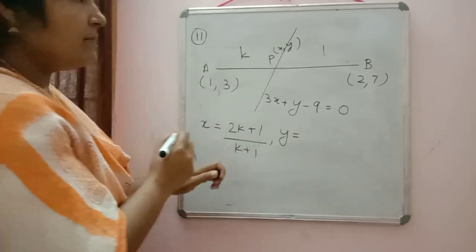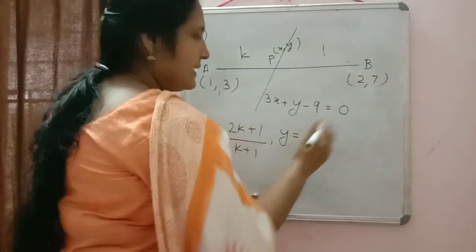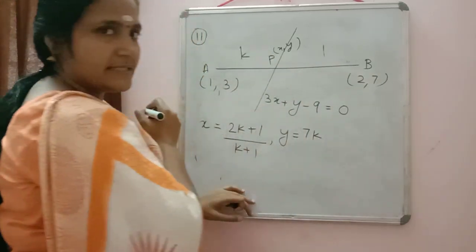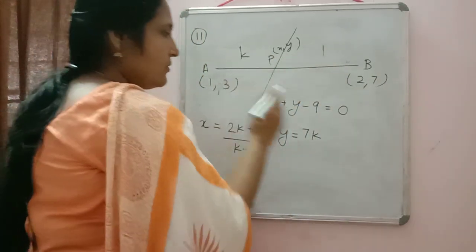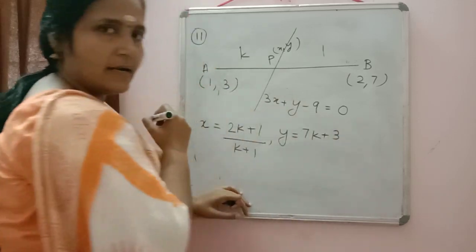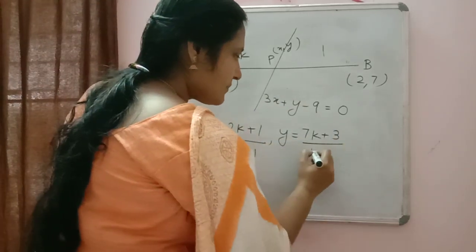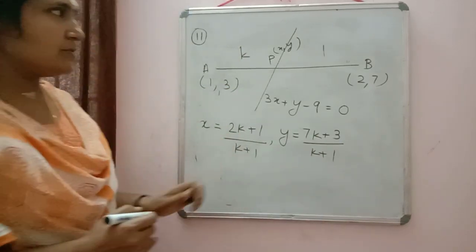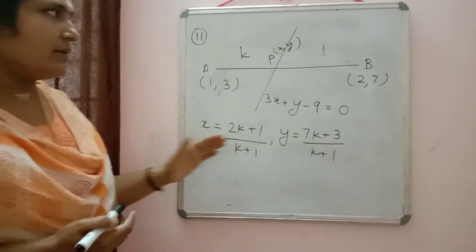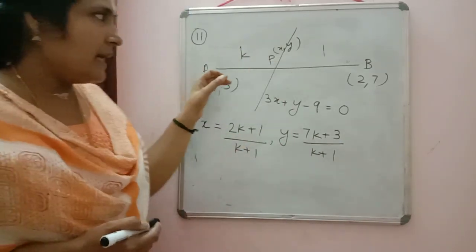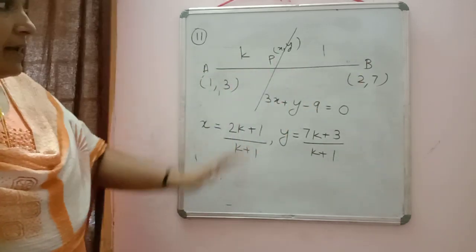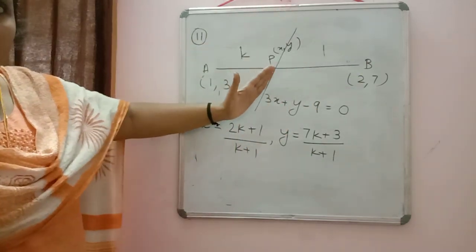Similarly, the y coordinate will be k into 7 plus 1 into 3, so y = (7k + 3)/(k + 1). So we got the x coordinate and y coordinate of P. P lies on the line segment AB and P lies on this line also.